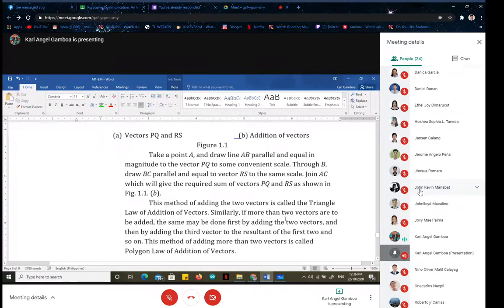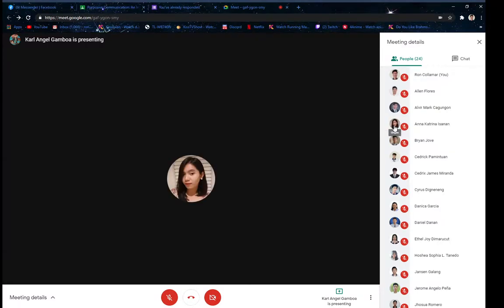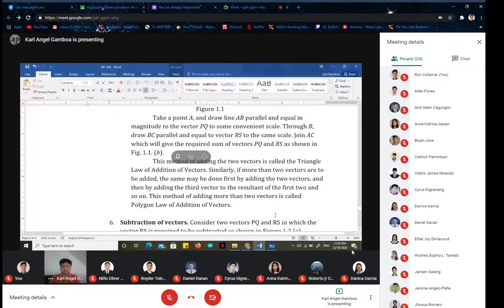Similarly, if more than two vectors are to be added, the same may be done by first adding two vectors and then adding the third vector to the resultant of the first two, and so on.